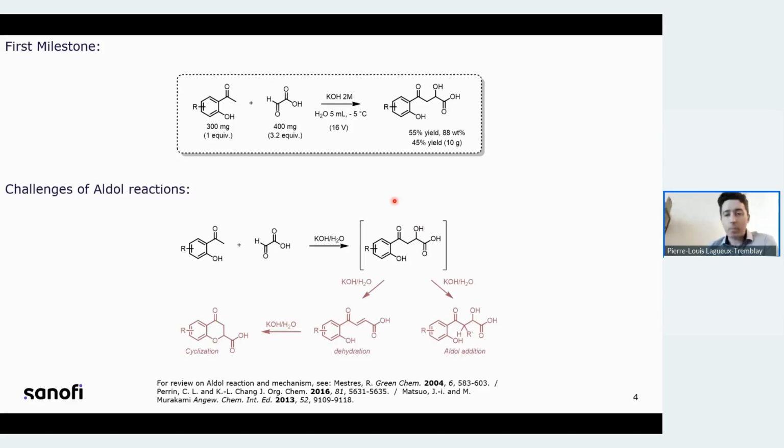So to stop at the addition, or the Aldol addition, is very challenging, because in the presence of a base or in the presence of other things, multiple other mechanisms can happen and essentially lead to the degradation of the product. You can see that with the addition of a base, you could have elimination, and then, for example, cyclization or a further Aldol addition, which really complicates this transformation overall for yield, isolation, and purity of the product obtained.